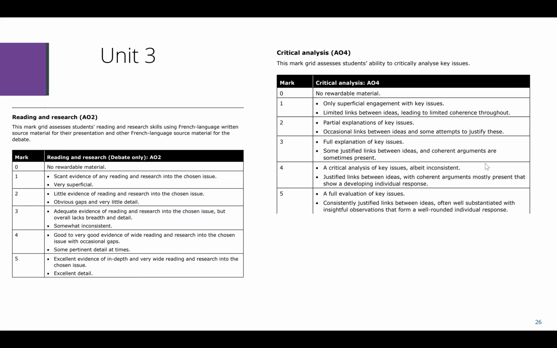It says also that similarly, if candidates aren't given the opportunity to demonstrate that they can debate, then it will have an impact on, as I said, spontaneity and development and critical analysis. Also, we've mentioned this before, this reading and research, they must do that. And if they don't mention anything, then it's unlikely that they will be getting a mark of 4 or 5.